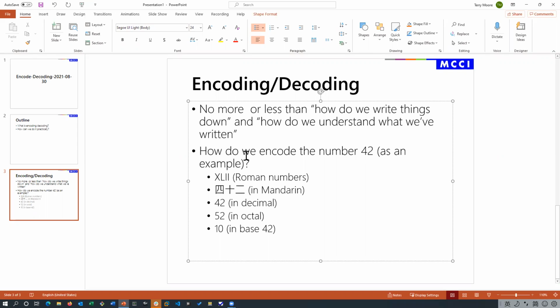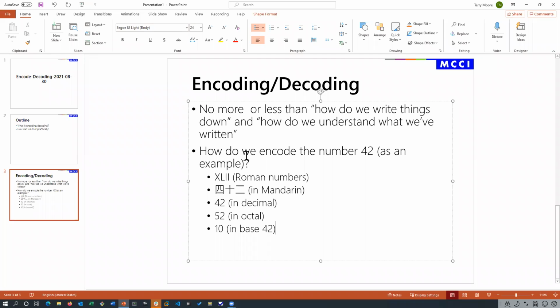What's the real 42? Well, the real 42 is the number that is one more than 41. If you go back to mathematics, there's a whole part of philosophy of mathematics and foundations of mathematics where they can define numbers in terms of set theory.